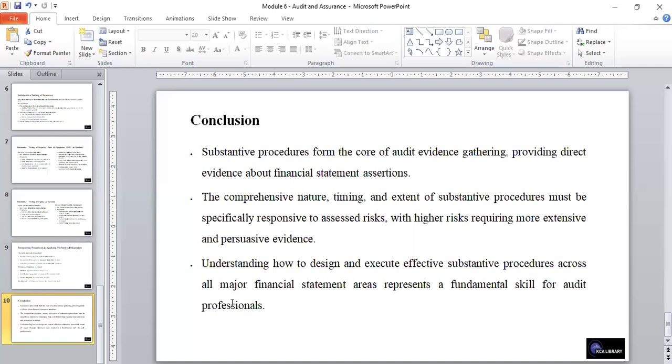Having an understanding of how to design and execute effective substantive procedures across all major financial statement areas represents a fundamental skill for audit professionals.